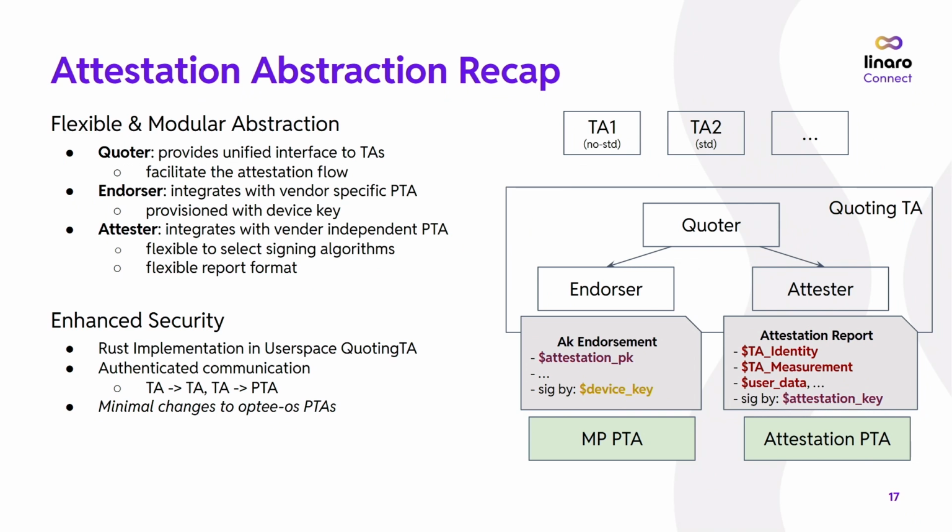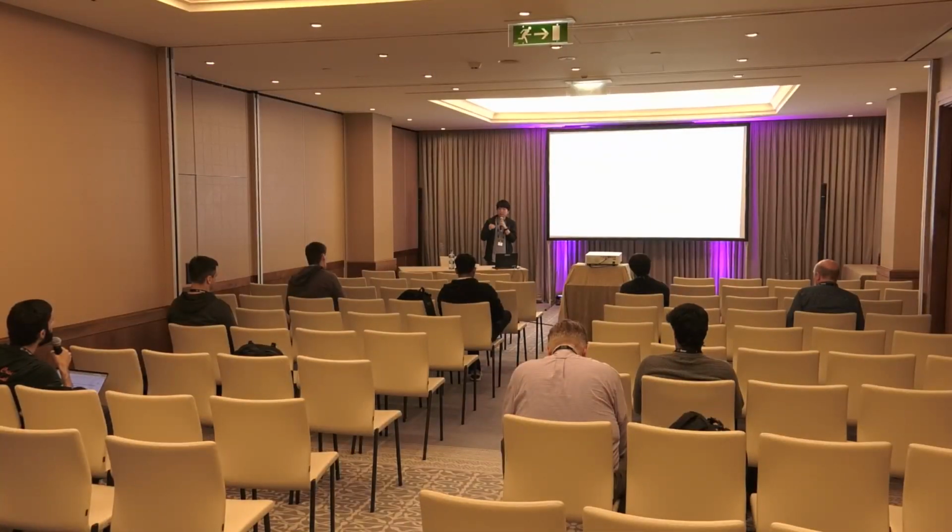So we are using TLS and embedding the verifiable attestation report into the certificate verification phase, and in this way, a remote party can directly talk with our trusted applications to establish a mutually verified channel.